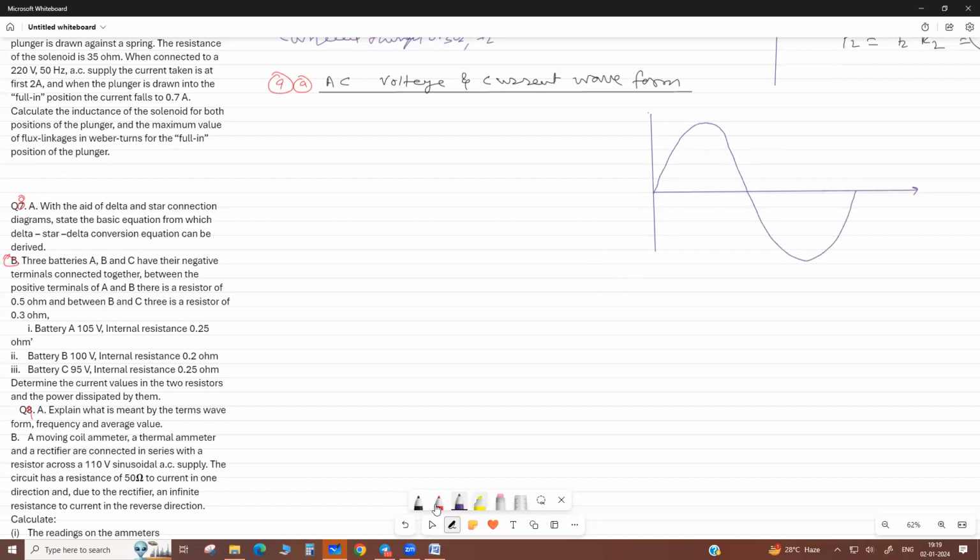When we represent the variation of a quantity with respect to time, it shows a waveform.